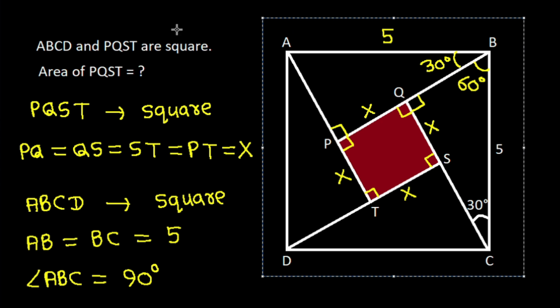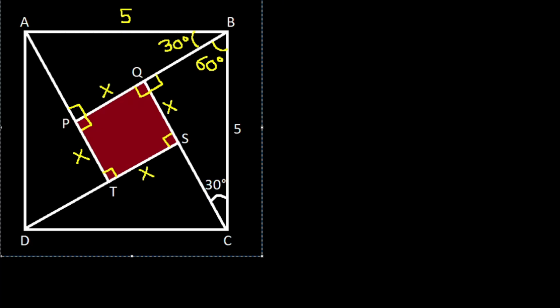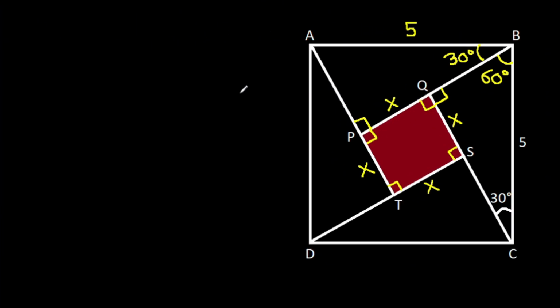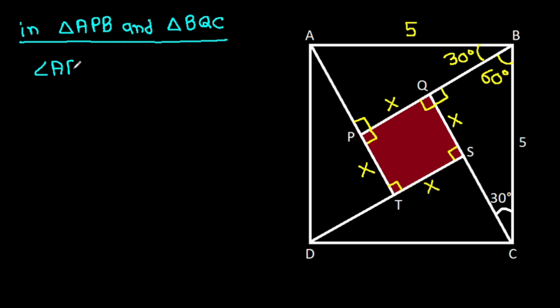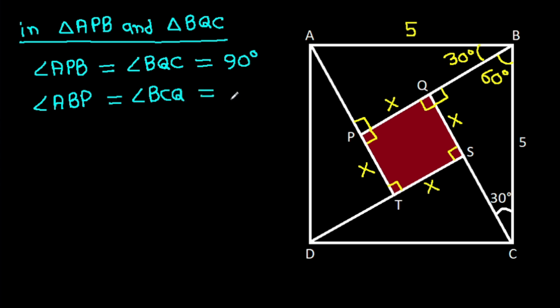And now in triangle APB and triangle BQC, we have angle APB equal to angle BQC, that is 90 degrees, and angle ABP equal to angle BCQ, that is 30 degrees, and AB is equal to BC, that is 5.